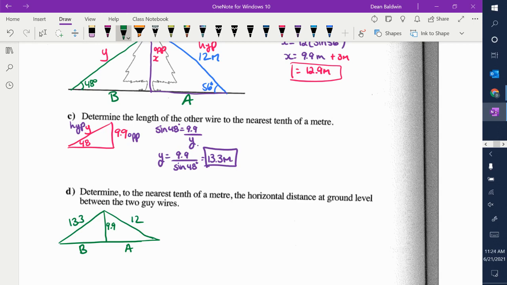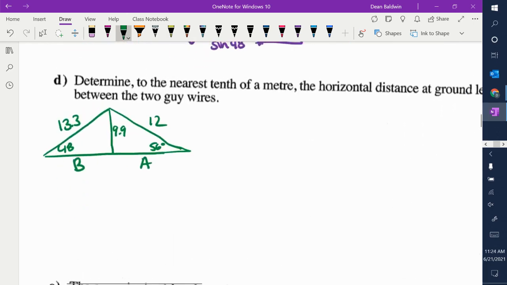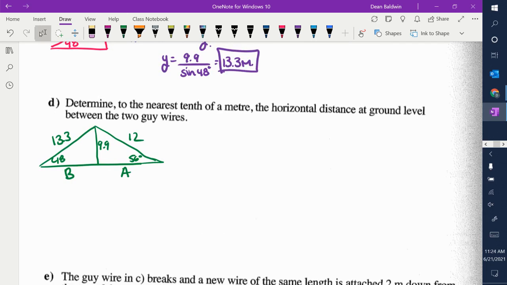That's 13.3. 56. 48. I want to find A. That's the adjacent. You have a choice. Well, you have three choices. You could do trig, and you could use either the 12 or the 9.9 to find A.